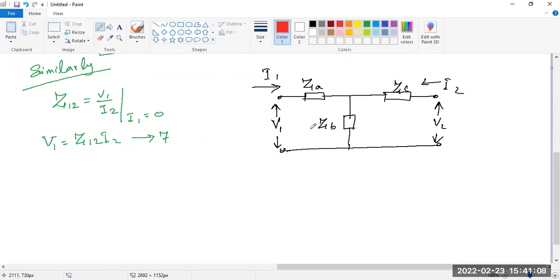Here this I1 is open, and this current is flowing, that is I2.